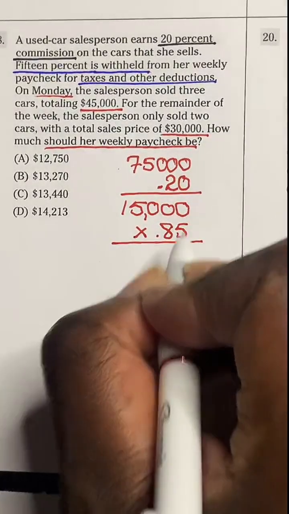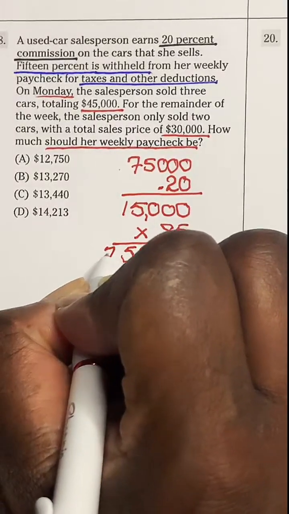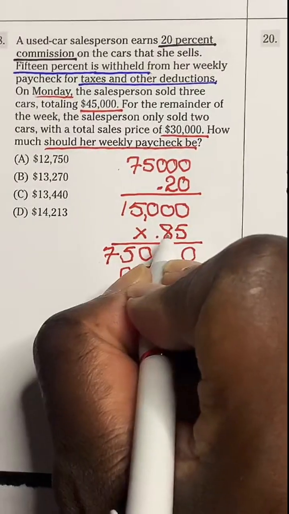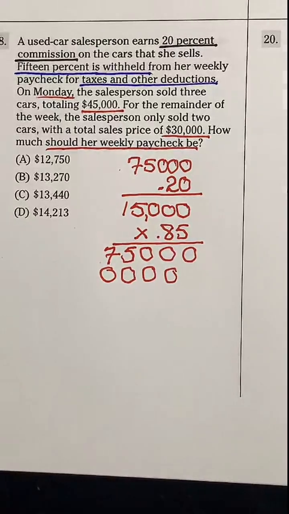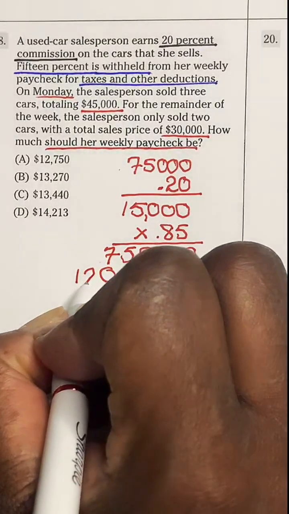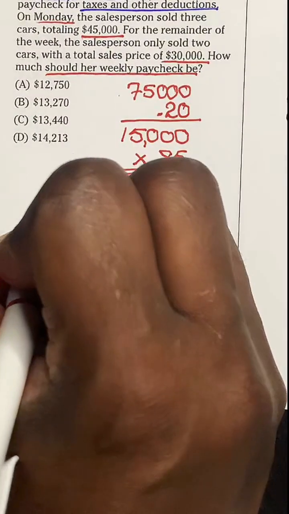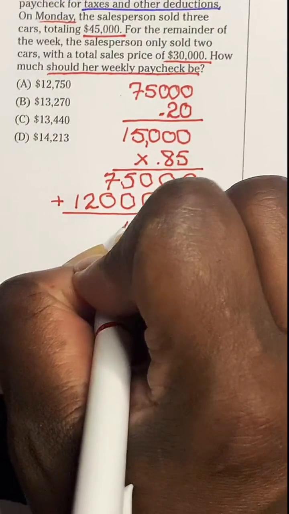All right, so I have my zeros. So I got my 1, 2, 3 zeros. 5 times 5 is 25. Carry the 2. 5 times 1 plus the 2 gives me 7. Then I got my 1, 2, 3 zeros. Then 8 times 5 gives me 40. Carry the 4. 8 and 1 gives me 8. Plus the 4 gives me 12. So now I'm going to add these together. So I got my 0, 0, 0, 5, 7, and my 12.